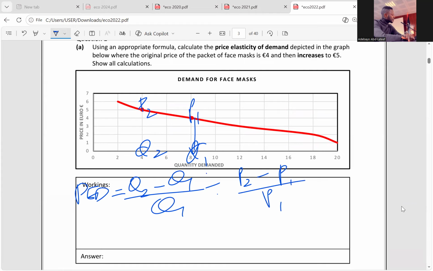So we have PED equals, P1 is 4, Q2 is 4. 4 minus Q1, 8, over Q1, divided by P2. No, P2 is 5, sorry.